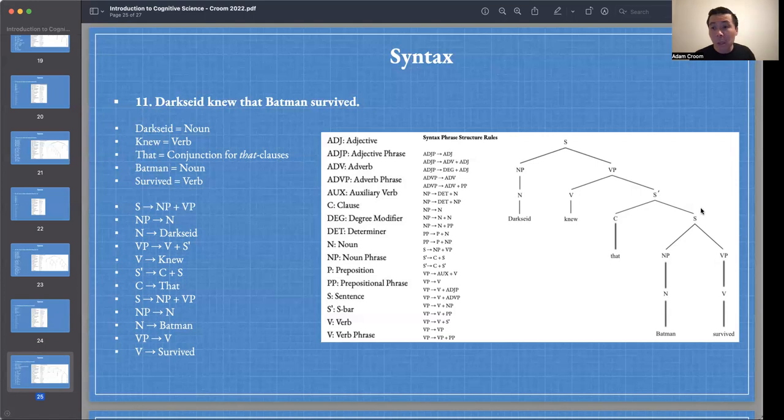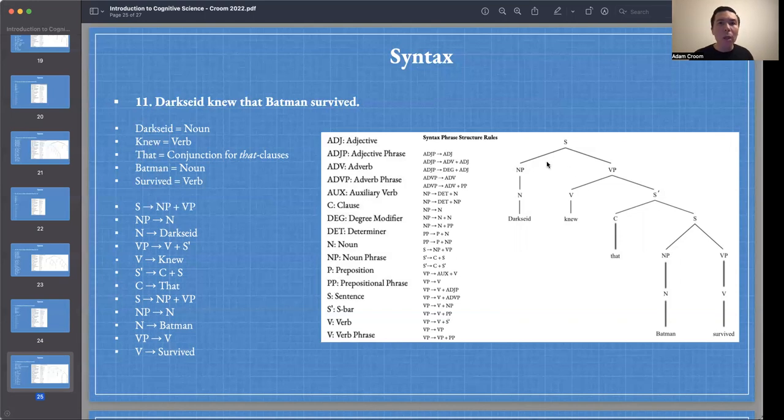So we see that the S bar right here allows us to connect a C with an S. S bar connects C and S. Great. The VP, the verb phrase, can take a verb and an S bar: knew that Batman survived. And we see that that rule is provided right here. VP can take a V and an S bar.